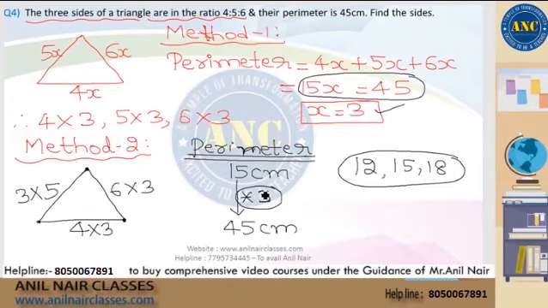Now see here, sir. Perimeter means it is just the addition of the given sides. If I add the given sides and then equate it to whatever perimeter they have given, then it is okay. And if you observe method 1, it is 4x, 5x and 6x. It is x power 1 in all the cases.